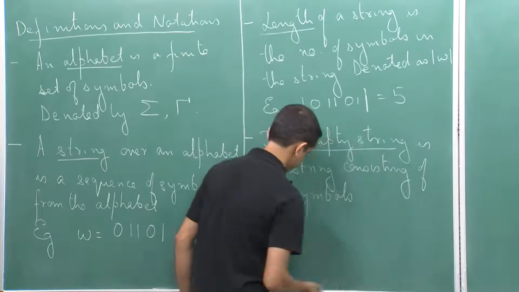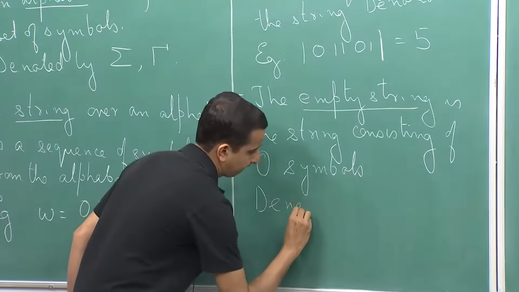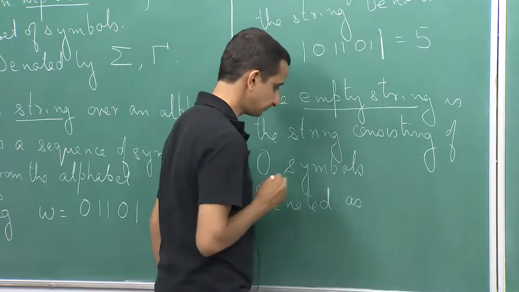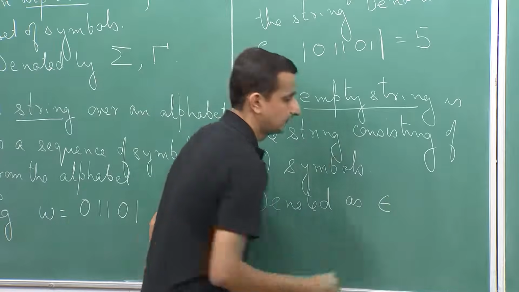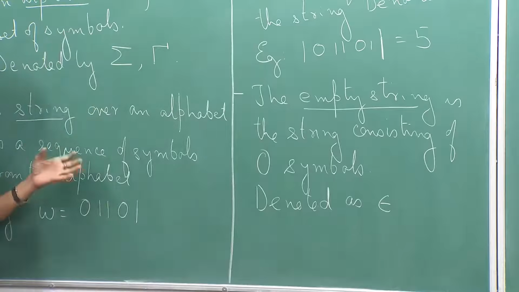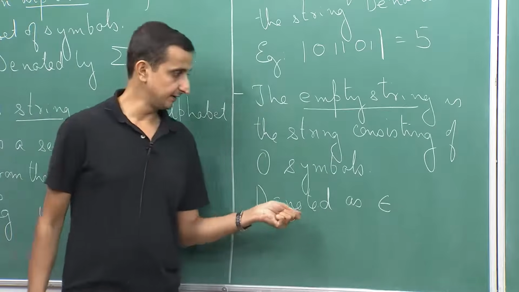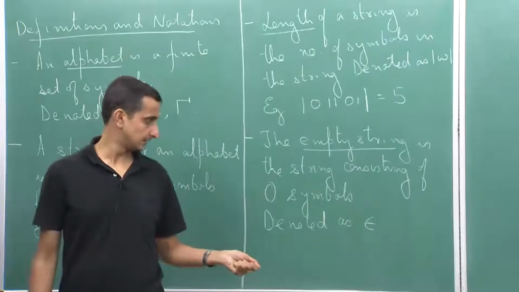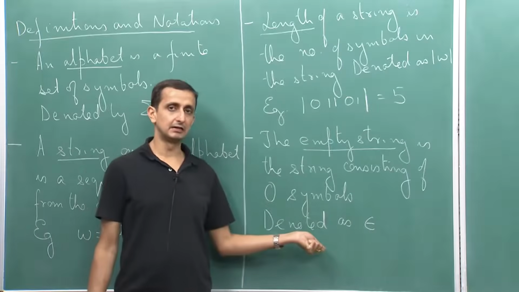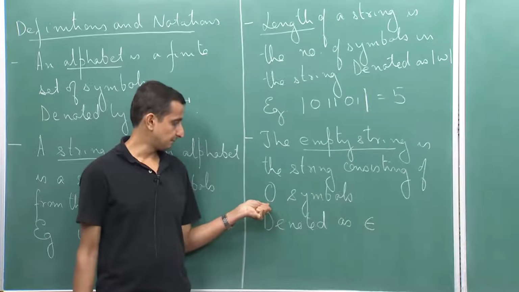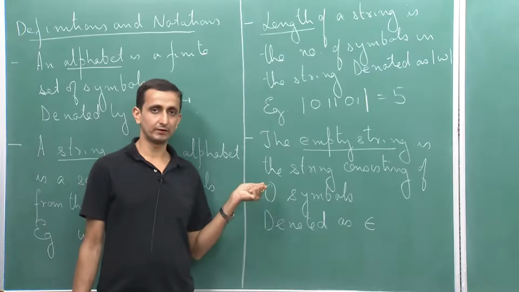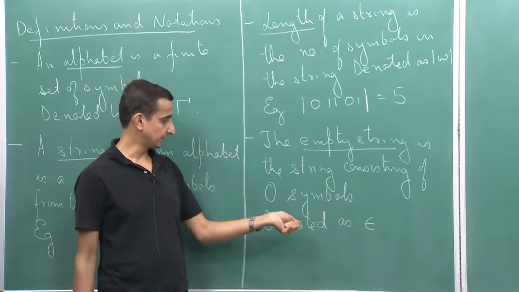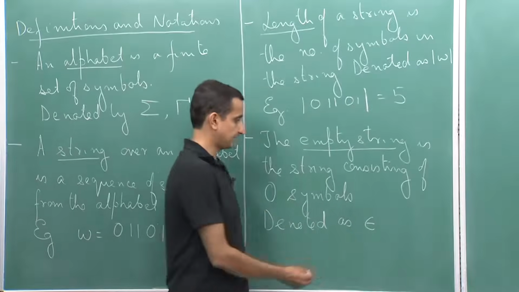Okay, so this is denoted as a small epsilon. Okay. So the point to be noted here is that this string epsilon does not have any symbol. Okay. So this is not the same as the symbol 0. Okay. So here this is a string which has 0 symbols in it, and it is denoted using this character epsilon.